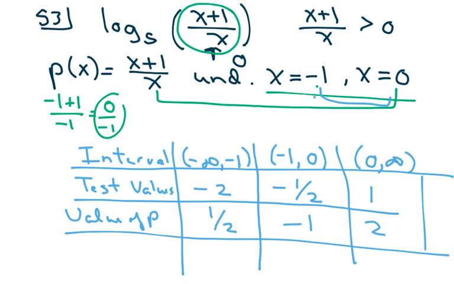Alright, now, so basically this is positive, so this is the conclusion we have. 1/2 is positive, this is negative, this is positive. So basically we're not using this because we can't have a negative number in there. We need positive numbers. So basically the domain is like this.